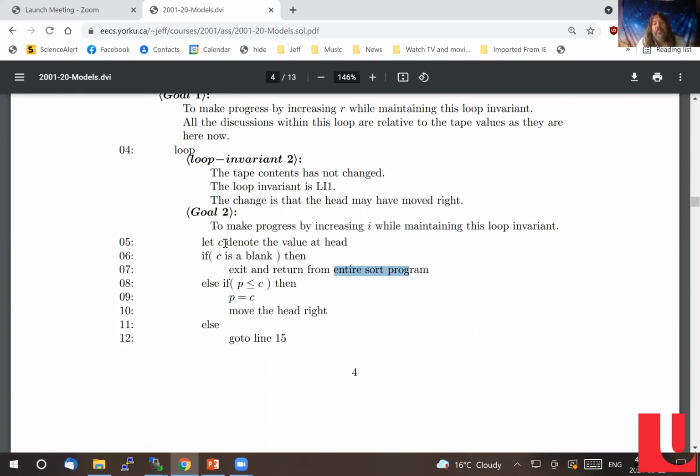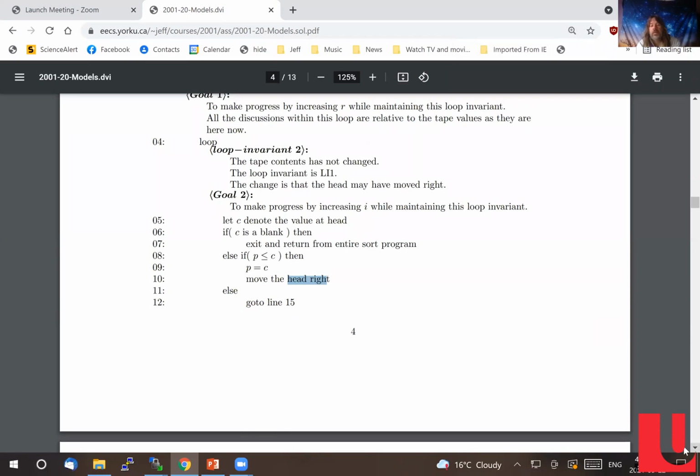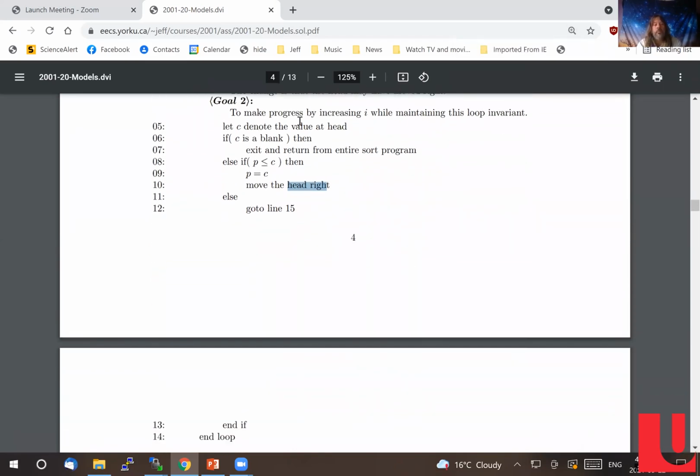But if it's not a blank, I want to know, is P less than C? And if it is, then I move the head right. So I can keep going until I get here. And after there, then I panic. Or if it's other, I go to line 15 and then I panic.